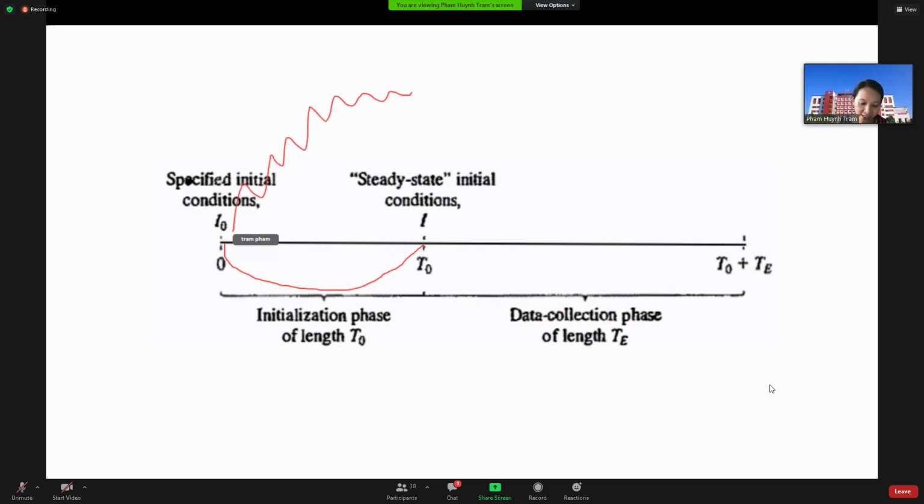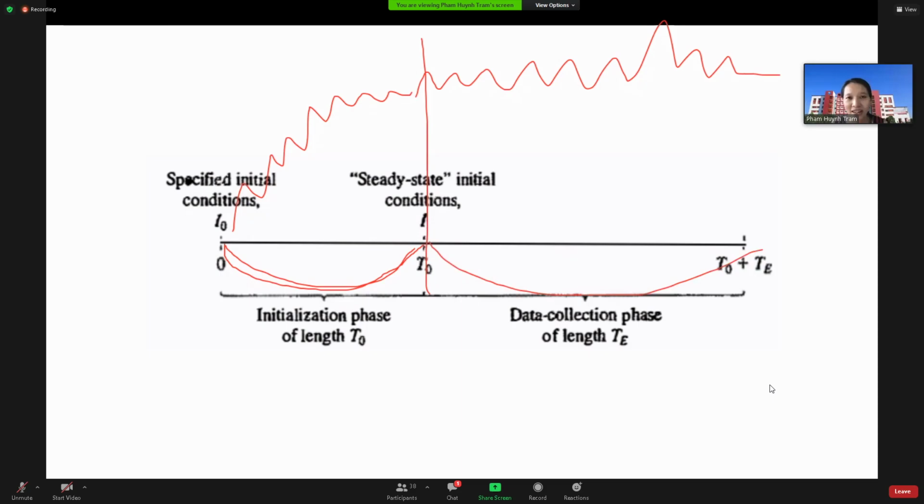Okay, and the second phase we call the data collection phase. It means that we will ask the software to just let the simulation run for a certain initialization time, but not collect any statistical data here. All right, and start to collect the output data only after this period.